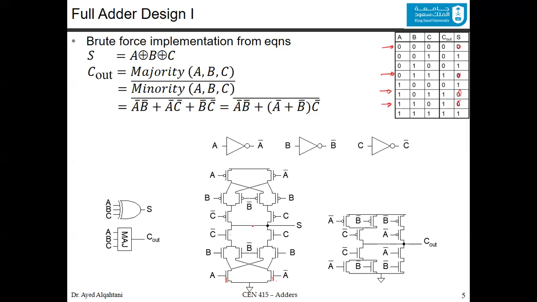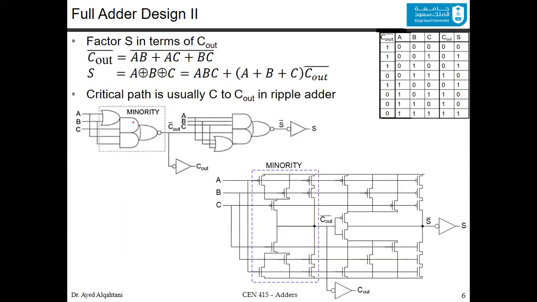And again, we have this symmetric behavior in the pull up, where you can do the symmetry in the pull up, and it works fine, and you can check the truth table to make sure it is correct. That's the first design. Now, in the second design, what we did is we factor this in terms of carry out, or more specifically, in terms of carry out bar.